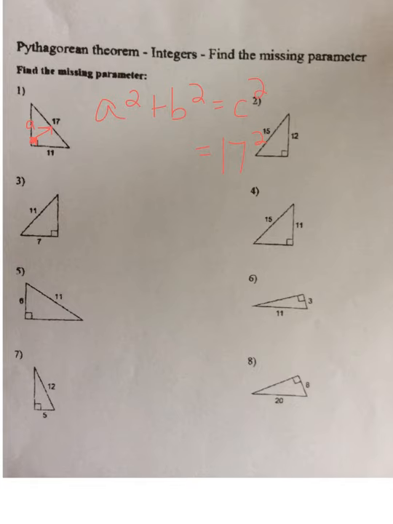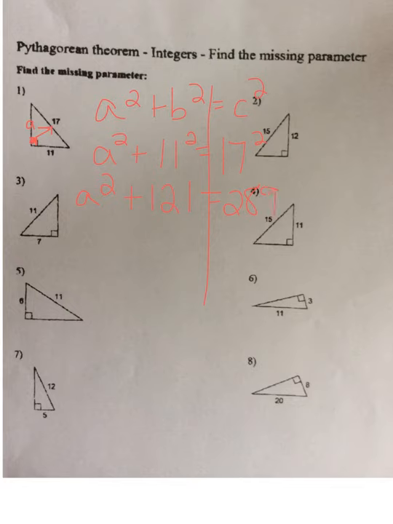So as I go ahead and set this up here, we don't know a. B is going to be 11, and we're going to square it. Now we have to solve for a. So in order to solve for a, we have a squared plus 121, equals, and 17 times 17 is 289.